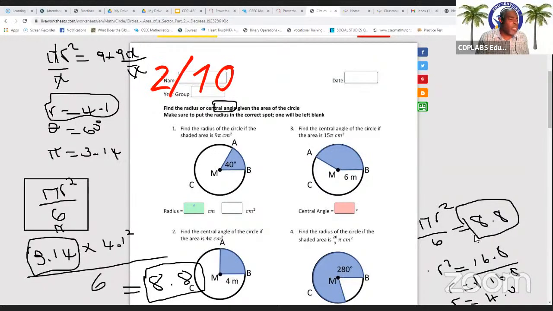So we do the same thing. r squared is equal to this divided by the number of sectors, because we use a 40, and then we multiply it by this. Sorry, equal to this. So we use the number of sectors and divide this. We do the same thing. All right, we divide by pi rather. We end up with 9 times 9, r squared.